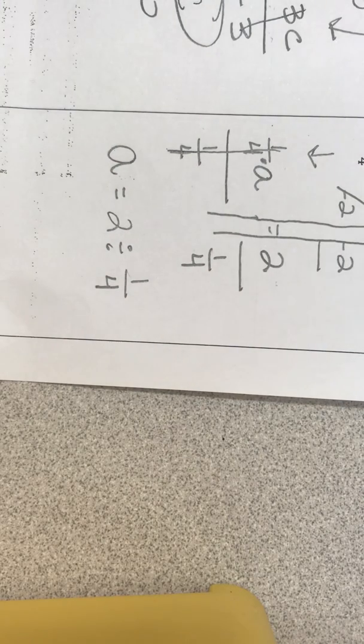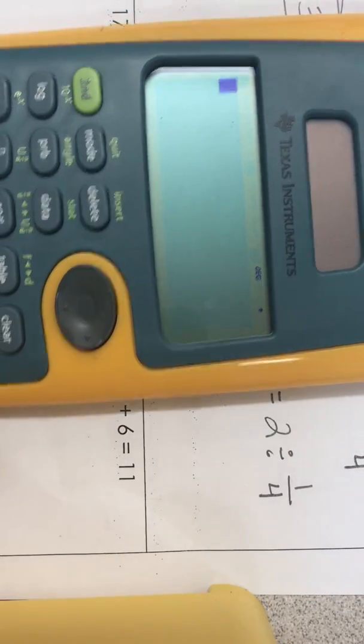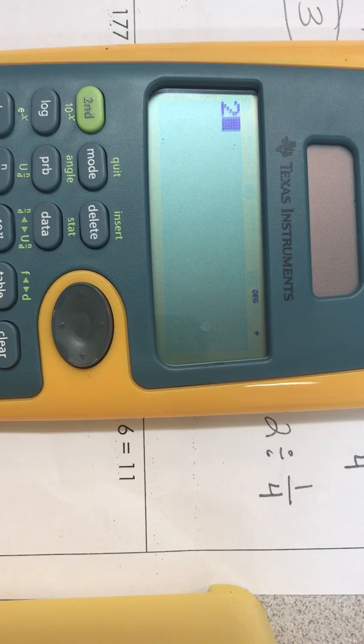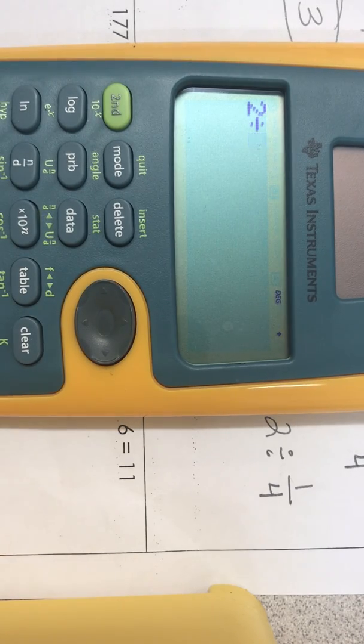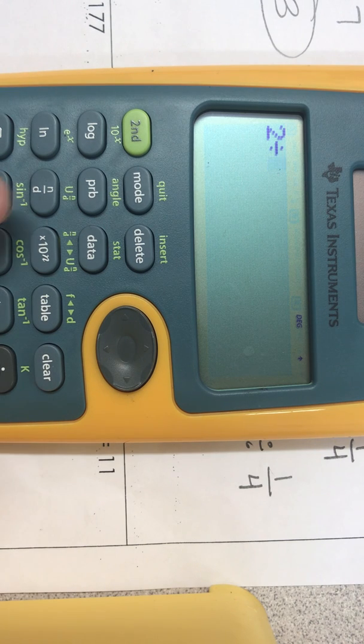So if you have your calculator, all right, here's my calculator here. I'm going to type in 2 divided by, and remember to get the fraction, you find this button right here that has the N over D, so numerator over denominator. You will hit that button.